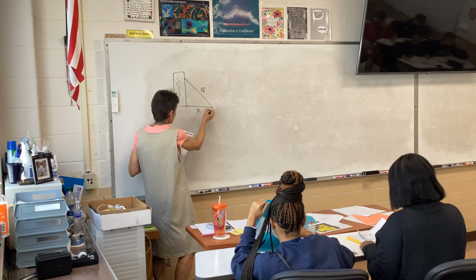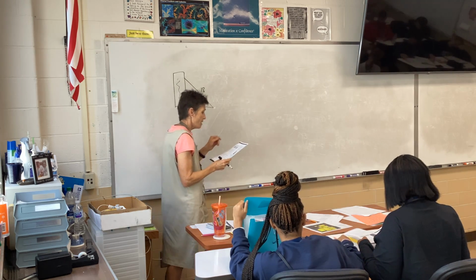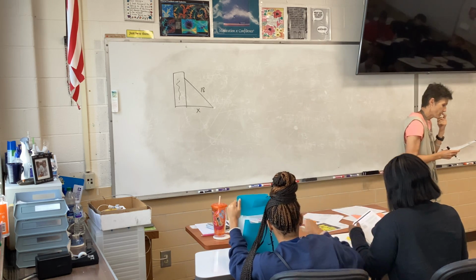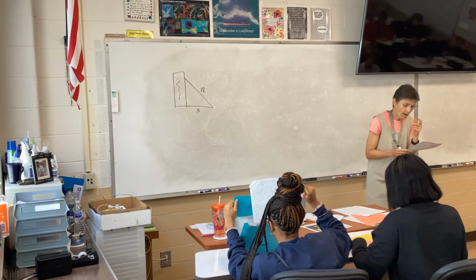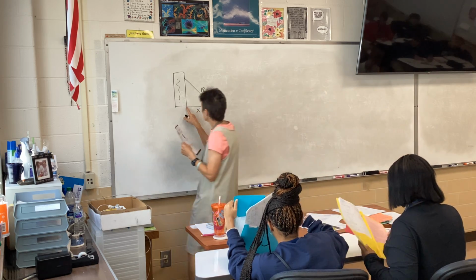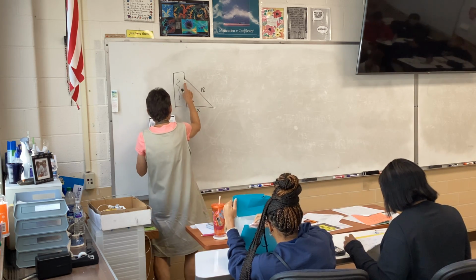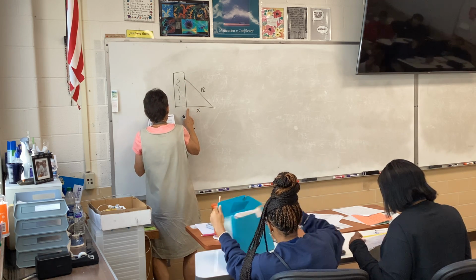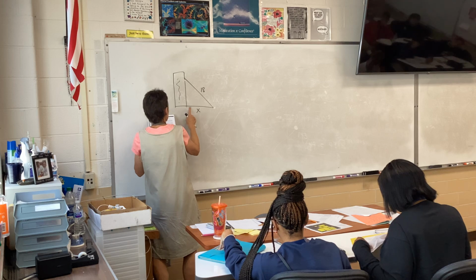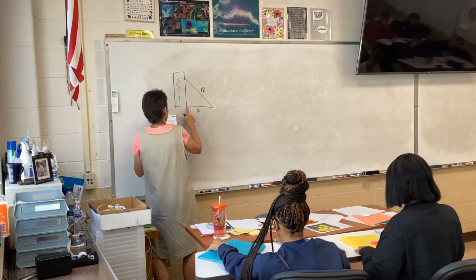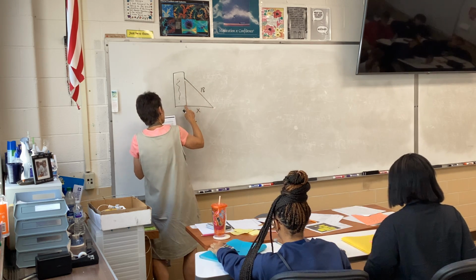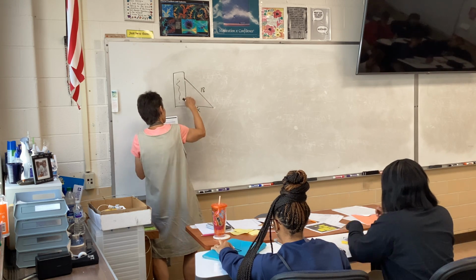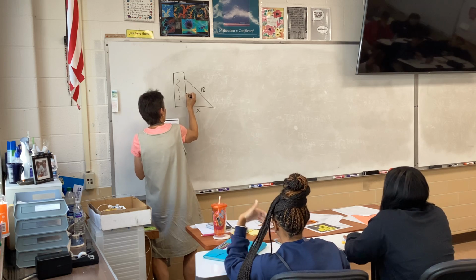They tell me this is X. They also tell me that the ladder is stable when the distance from the ground to the top of the ladder is 5 more than the distance from the building to the base of the ladder. So this is 5 more than this. So what's this? X plus 5?